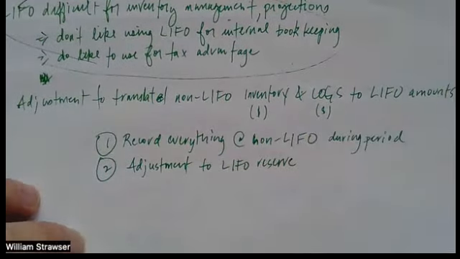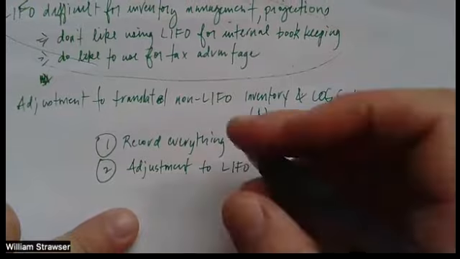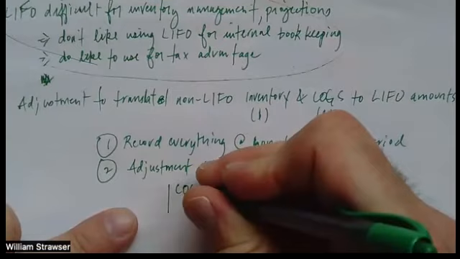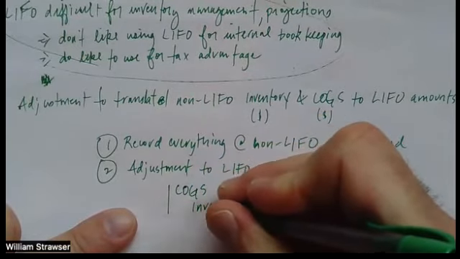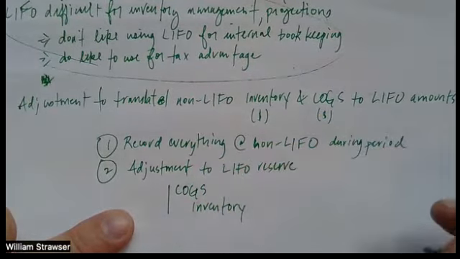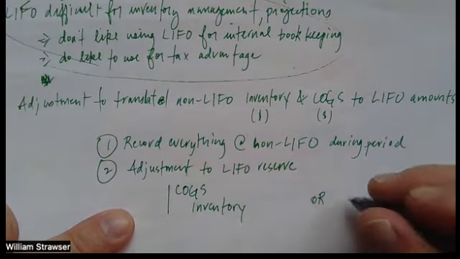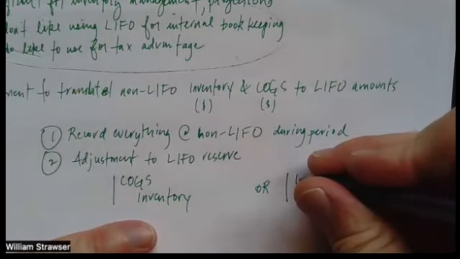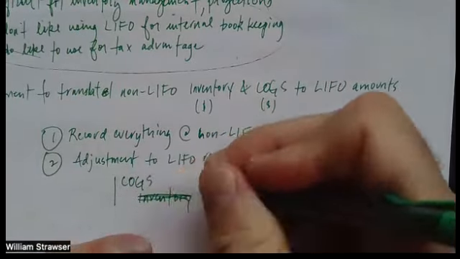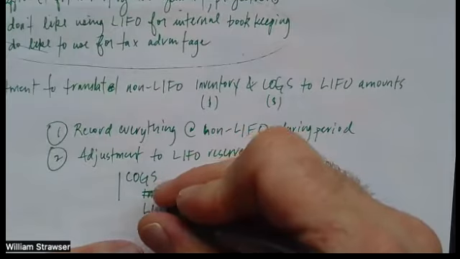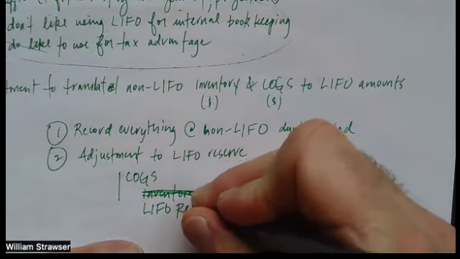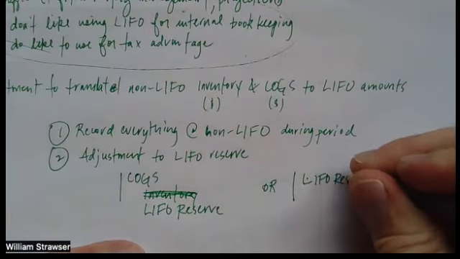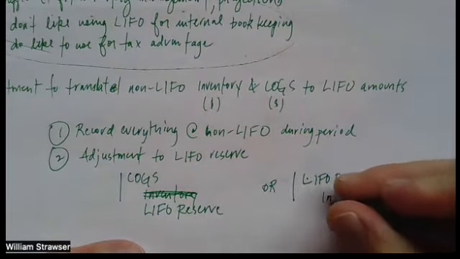That adjustment to the LIFO reserve is going to involve either a debit to cost of goods sold and a credit to inventory, or a credit to, I'm sorry, a debit to cost of goods sold, a credit to the LIFO reserve, or a debit to the LIFO reserve and a credit to inventory.